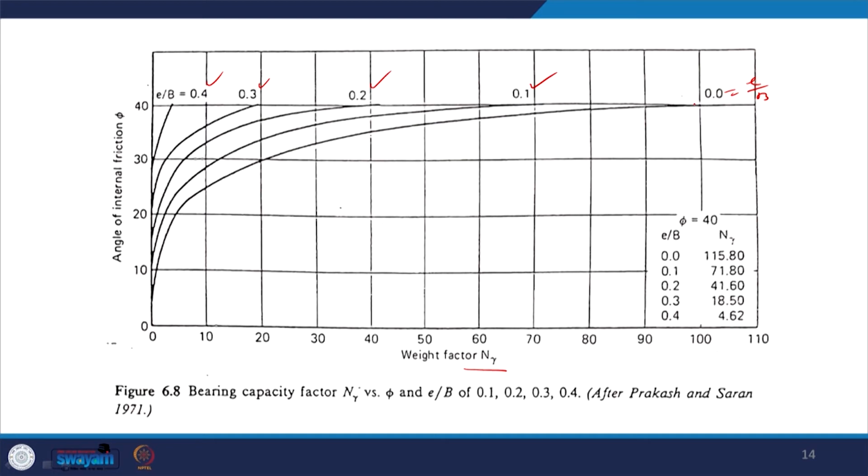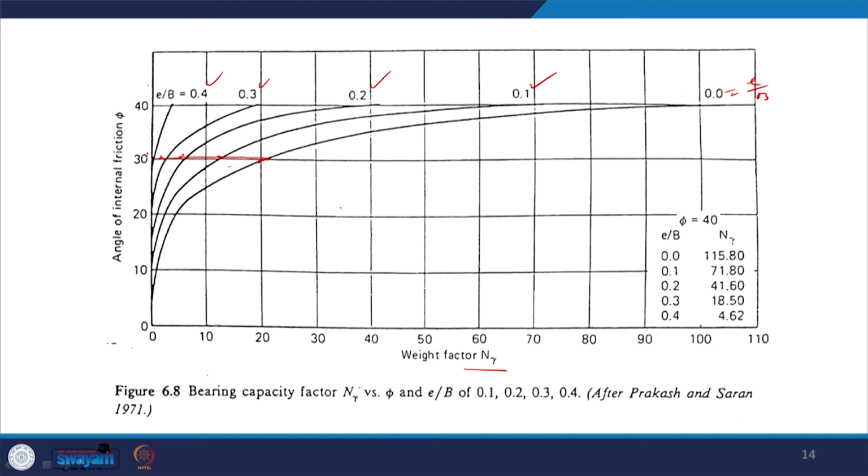However, for the same value of phi, let us say 30 degrees, if I draw it for 30 degrees, you can see that when e/B increases, this value decreases. This is the value for e/B equal to 0, then this value, and like this. So, when e/B increases, N gamma decreases for the same value of phi.